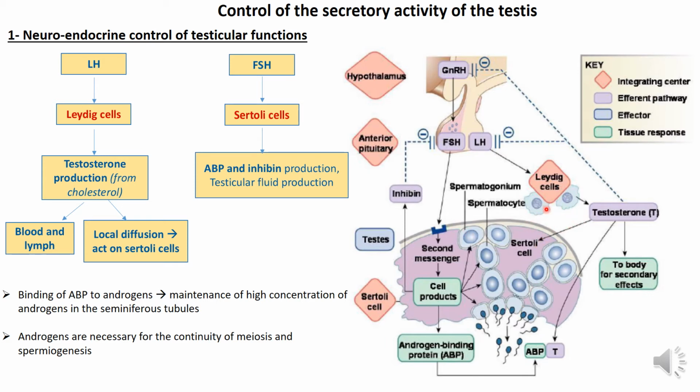It can diffuse in the space, which means it will not go to the blood circulation, and it will exert a paracrine effect on the seminiferous tubule, and more specifically on the Sertoli cells. They act on the Sertoli cells, where they can induce the production of ABP by the Sertoli cells.